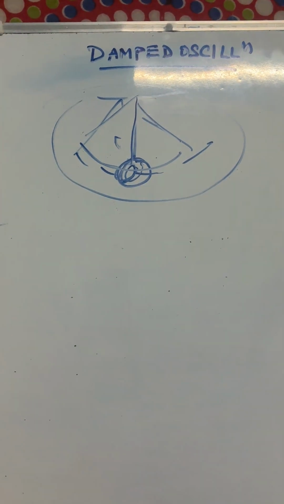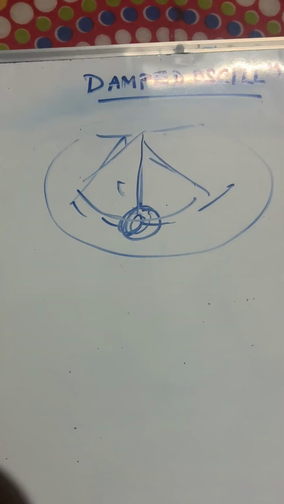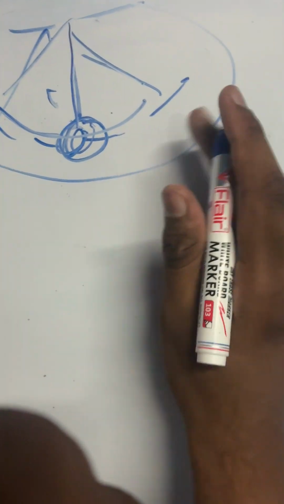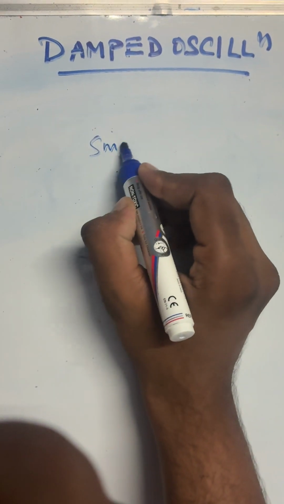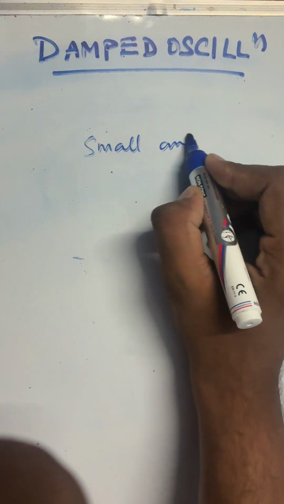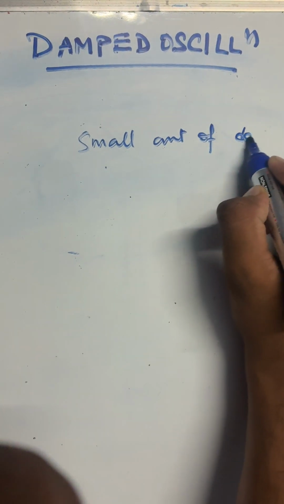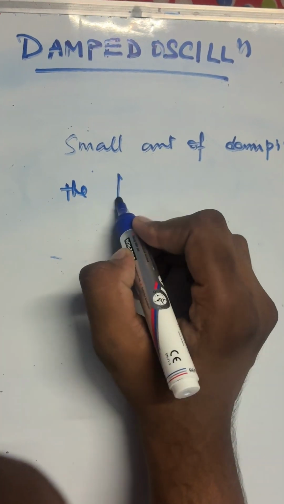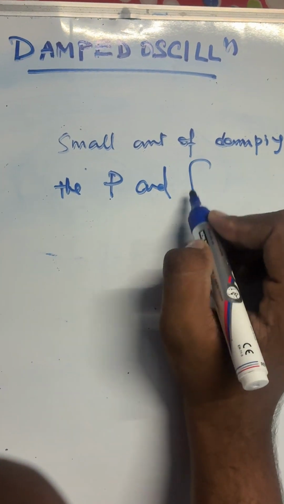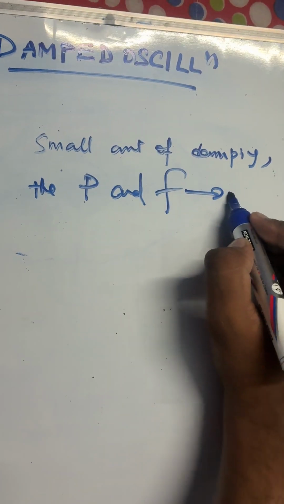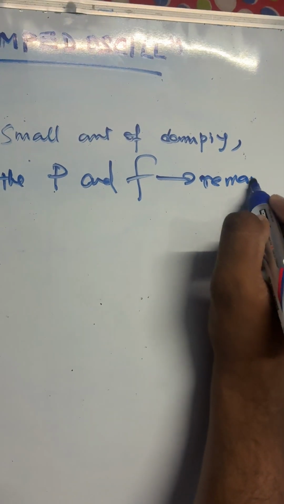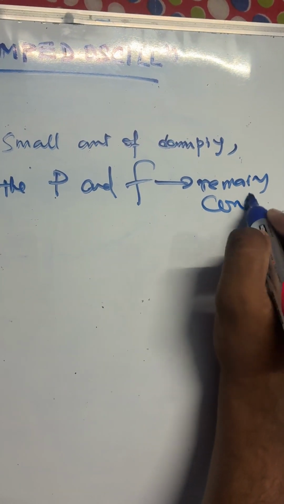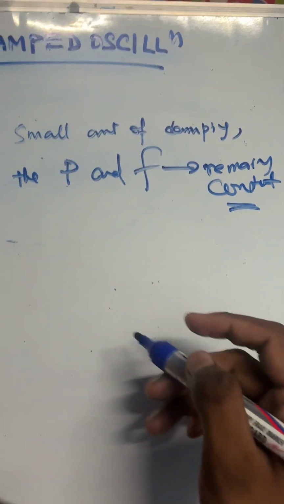So a very important thing about damped oscillation is that in a system that has a very small amount of damping, the period and the frequency remain constant. I wouldn't say this is fully constant, but we can assume it as constant.